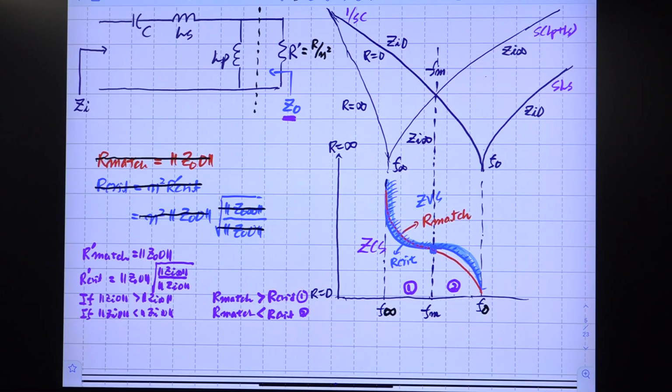Then R match becomes, you need this N squared here, right? Because of the transformer, the impedance is scaled, and R critical, you need to have this N squared in front of everything.